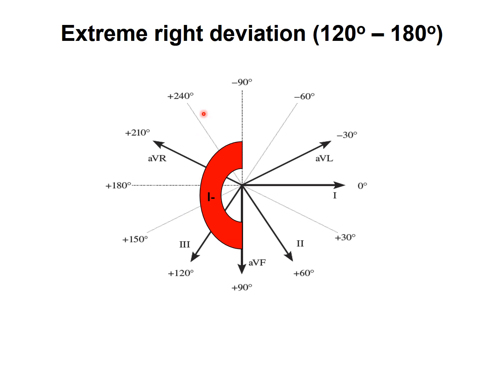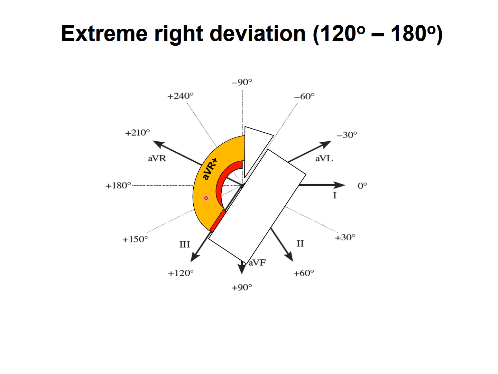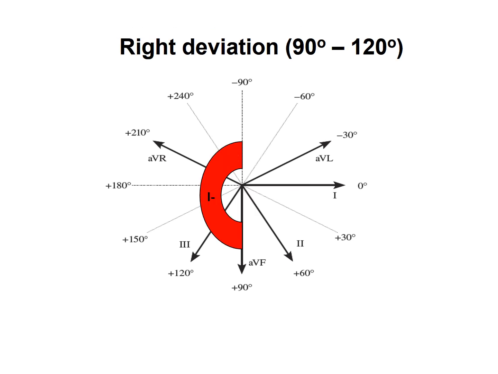Extreme right deviation normally starts from 110 and goes all the way to 180, but it's very difficult to determine 110. However, we have a lead that is exactly perpendicular to 120, and that's AVR. So look at AVR. If AVR is positive and lead number 1 is negative, for sure we have an extreme right deviation.